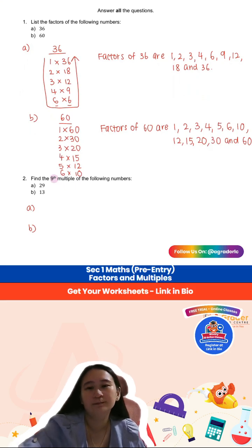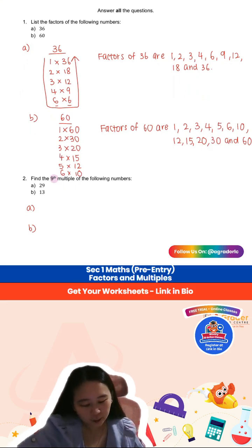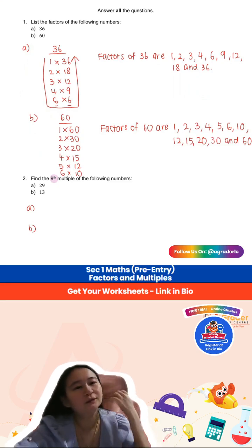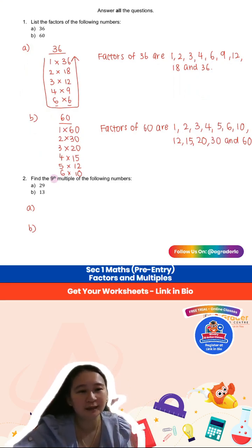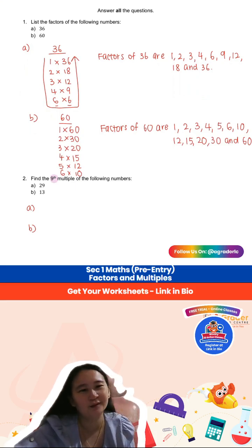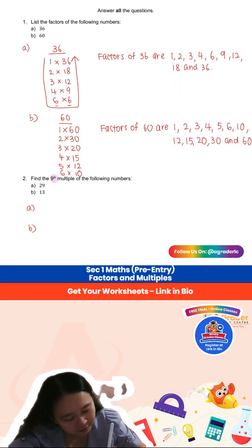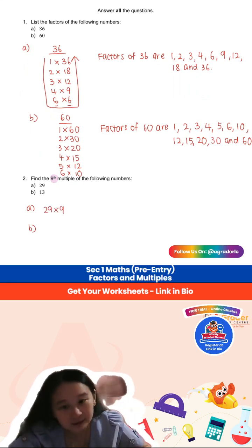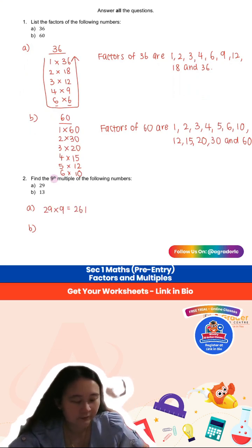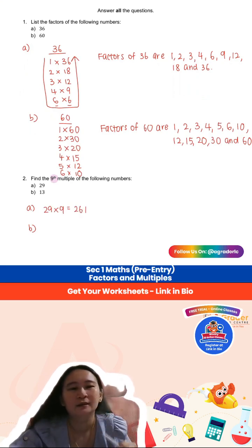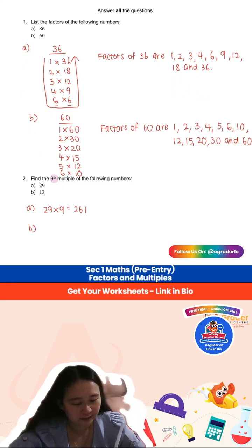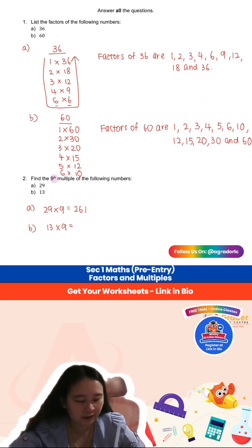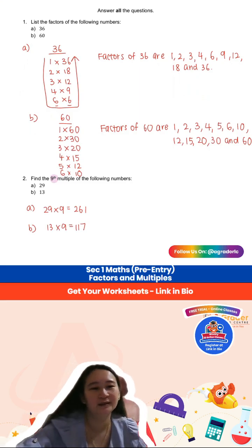Good job. So when they're asking for the ninth multiple, you just need to multiply the number by 9. So you just take 29 times 9, 261. And then 13 times 9, 117. Very good.